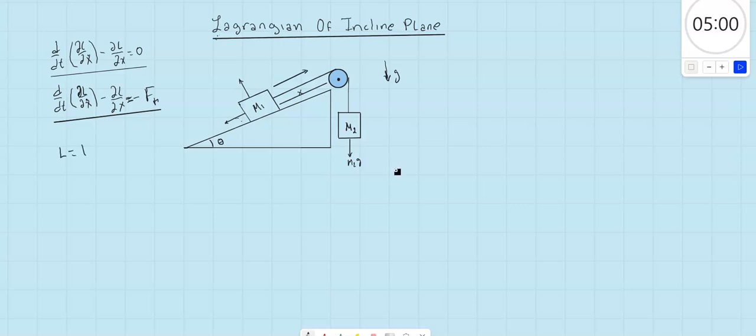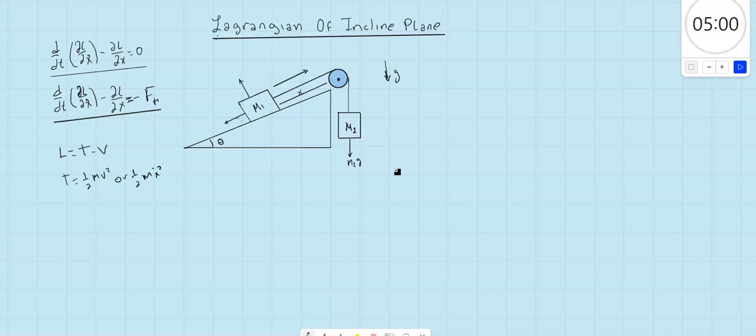We know that the Lagrangian is equal to the kinetic energy minus the potential energy, and that the kinetic energy can be written as 1/2 mv squared, or 1/2 m x dot squared. So we're going to find the kinetic energy for mass 1 and mass 2.